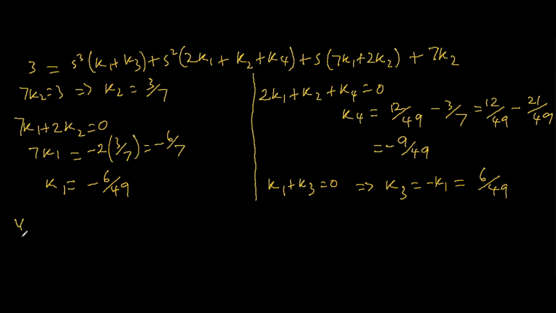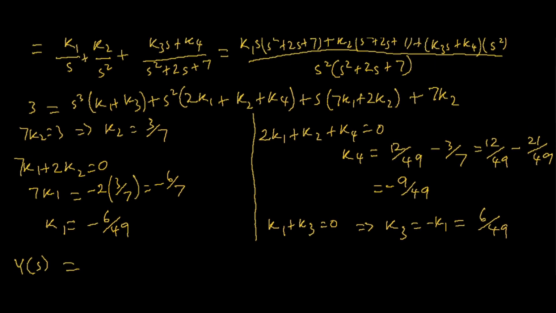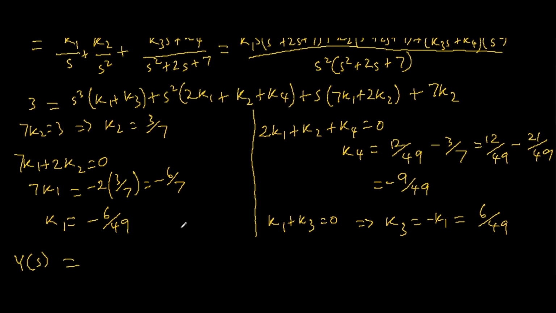Now that tells us that y of s is simply equal to, do we have that term? Can we have it on the screen? Yes, we can have it on the screen. So we have k1, which is minus 6 over 49, so minus 6 over 49 divided by s, plus k2, 3 over 7, 3 over 7 divided by s squared, plus k3 s plus k4. k3 is 6 over 49, so 6 over 49 s plus k4. k4 is minus 9 over 49, so I'll take this as minus 9 over 49.